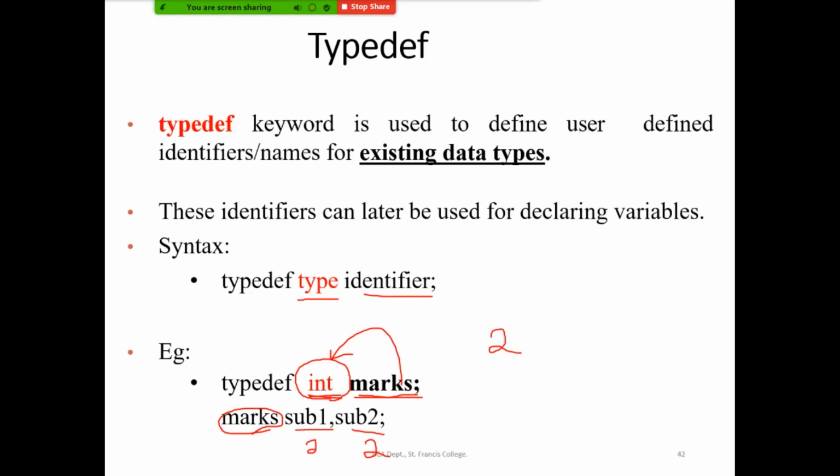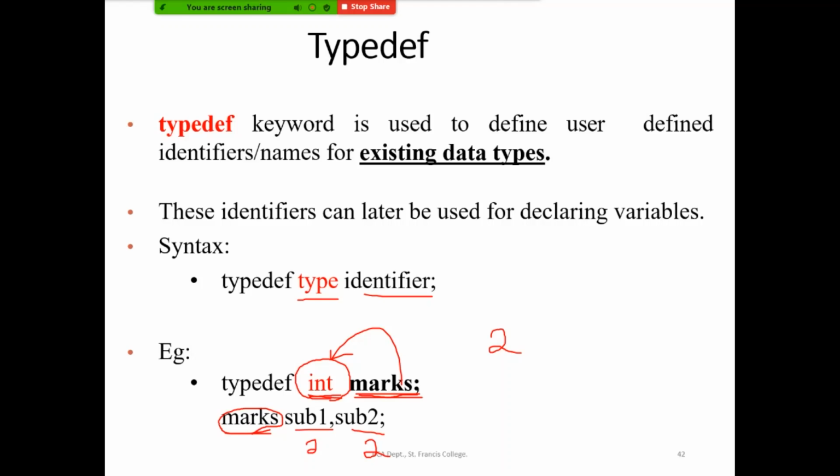So typedef int marks: instead of using the int data type, we will be making use of the marks data type. The marks data type is the same as the int data type. When I am declaring subject1 and subject2 using the marks data type, each of subject1 and subject2 will be allocated 2 bytes.